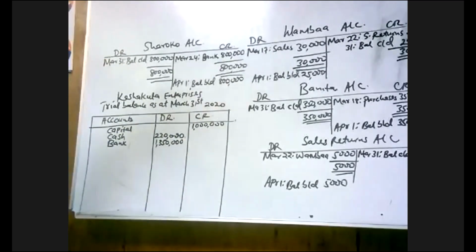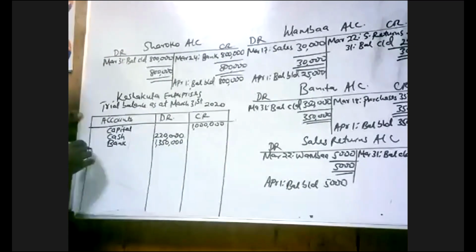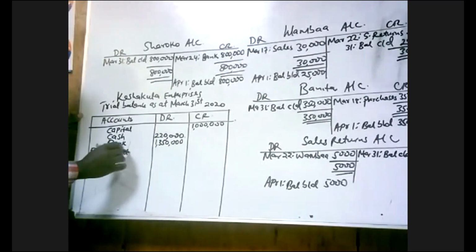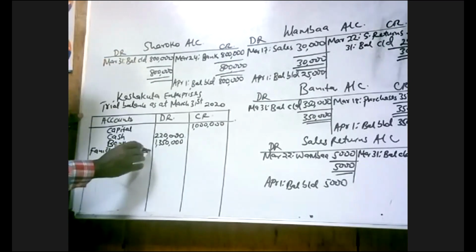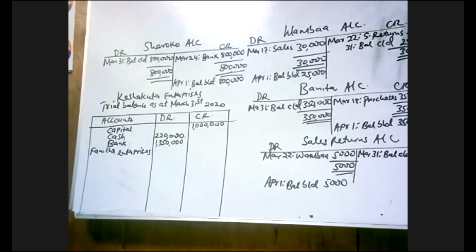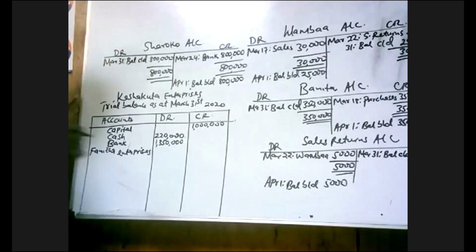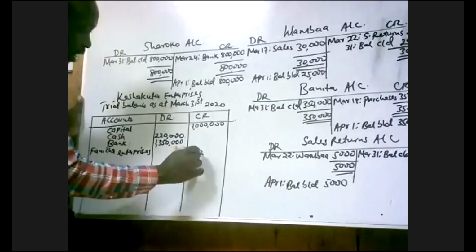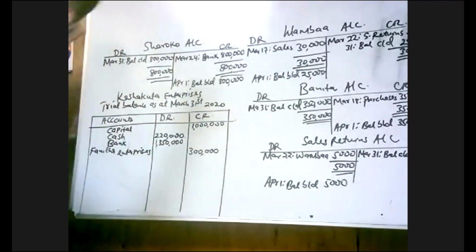The next account was furniture enterprises. The balance brought down, credit, 300,000. You put it under the credit column.